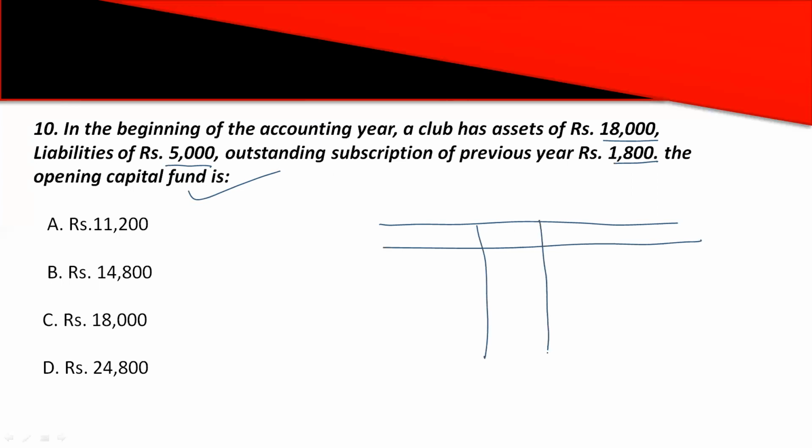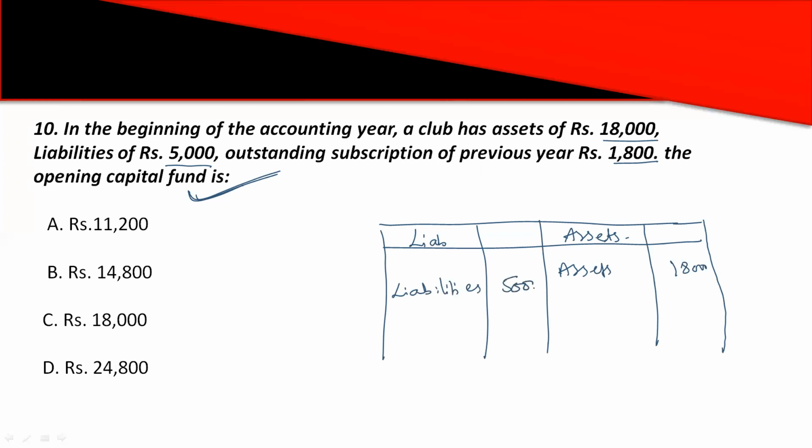In some questions opening capital fund will be given, and in some questions it won't be given. So in that case we can find this amount by preparing an opening balance sheet. We know on the left side the balance sheet contains all the liabilities, and on the right side we have all the assets. They have directly given the amount of assets, that is 18,000, and they are telling there were liabilities of rupees 5,000.